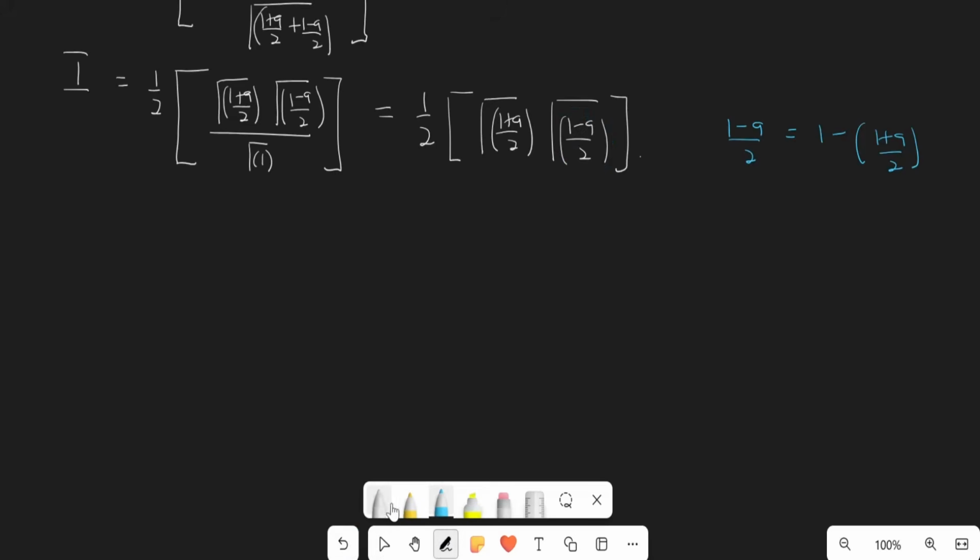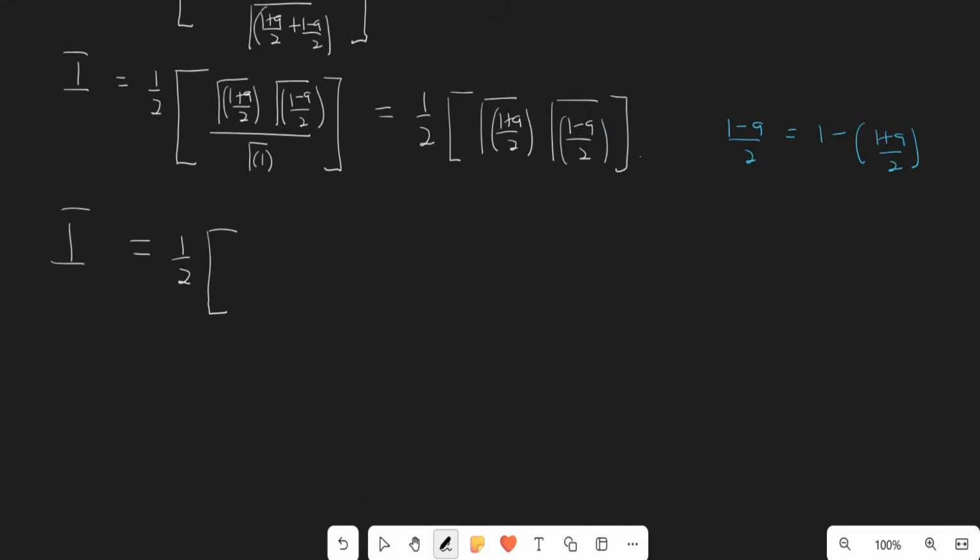So I'm going to rewrite the integral like this. The resulting value of the integral is 1/2, and then we have the gamma of 1 plus a over 2, multiplied by the gamma of 1 minus 1 plus a all over 2.